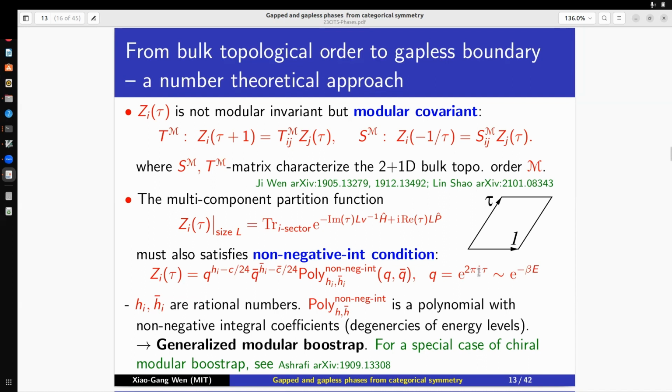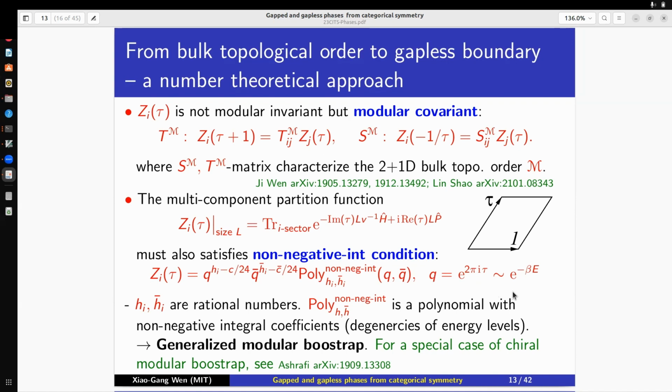The q is this combination, e to the 2 pi i tau, which is roughly beta E plus a momentum shift. So for each eigenstate, there's a contribution of q. Therefore, this partition function is a polynomial of q.